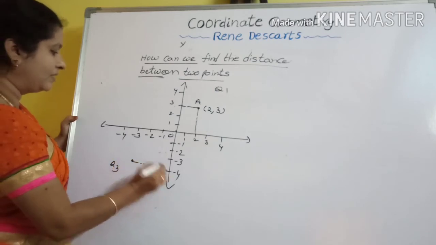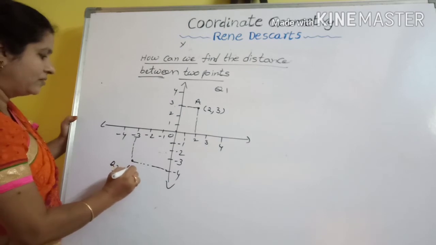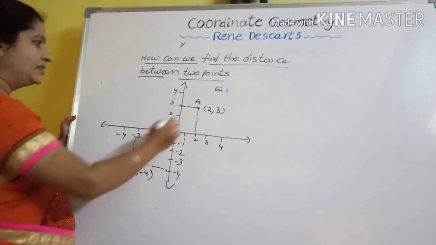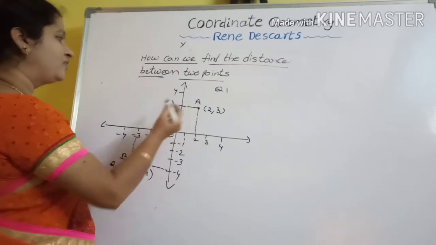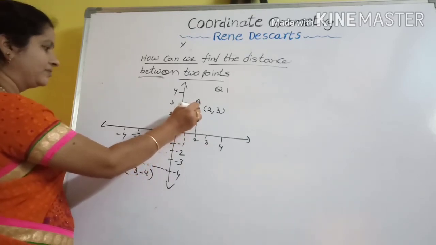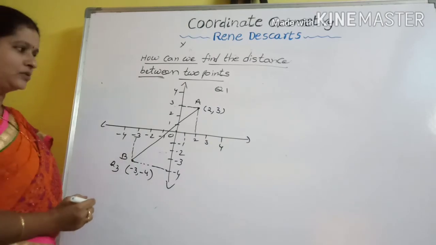So x coordinate value minus 3 and y coordinate value minus 4. Let it be B. What is the distance between these 2 points? That is the question. How can you find the distance between these 2 points?